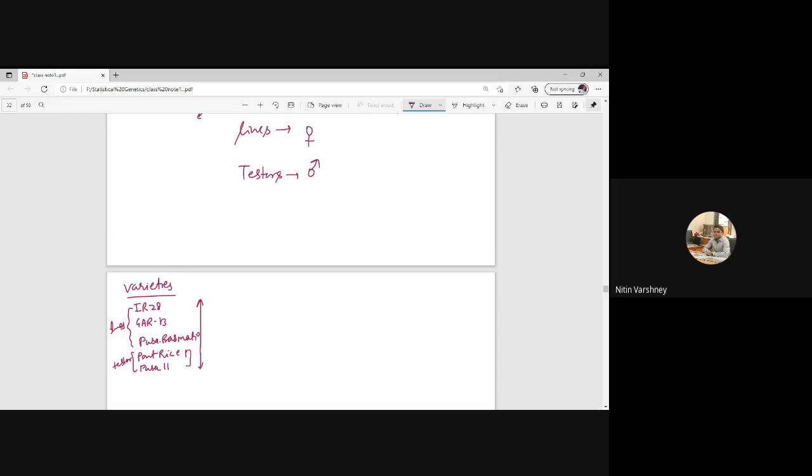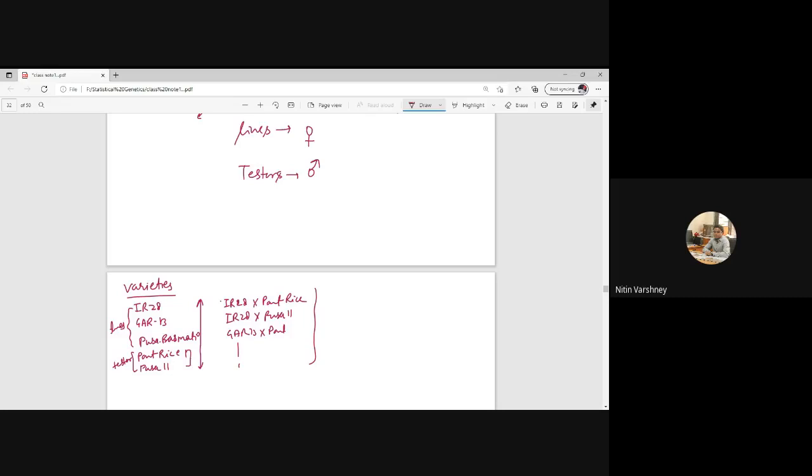On the basis of these testers I will make crosses, like IR28 cross Pant Rice, IR28 cross Pusa 11, and GAR13 cross Pant Rice. Likewise, we will get different crosses.